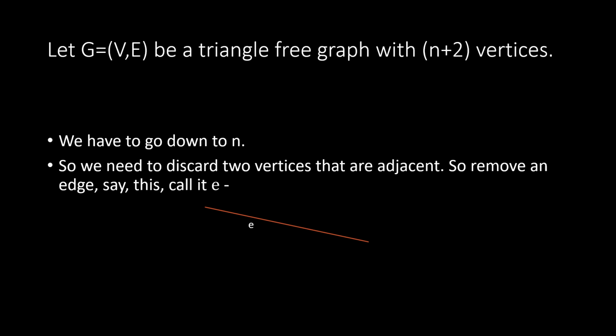We are dealing with edges, so we have to deal with vertices which are adjacent. If we remove such 2 vertices, then we will also remove an edge. Call that edge E. This is the edge that we have discarded, and of course, the edges adjacent to them.